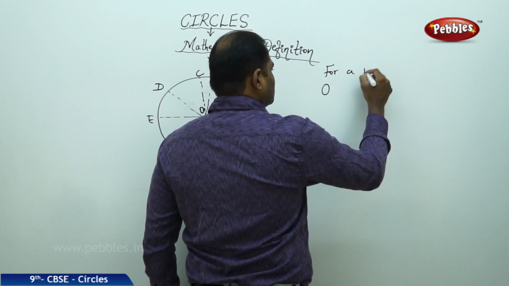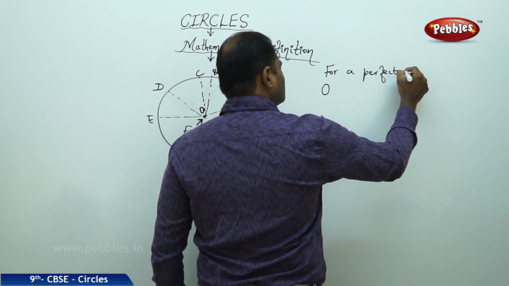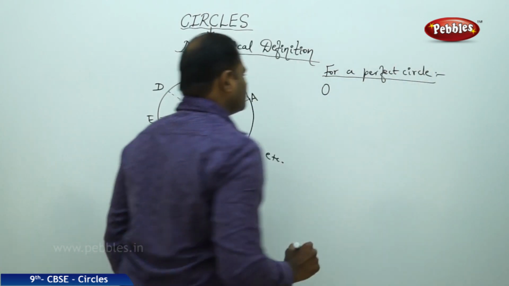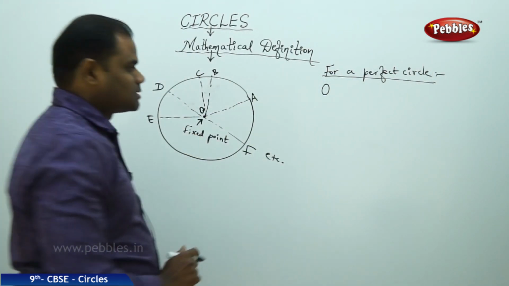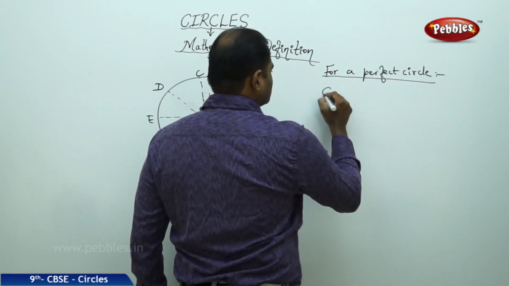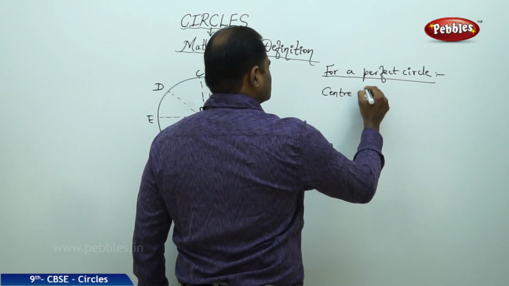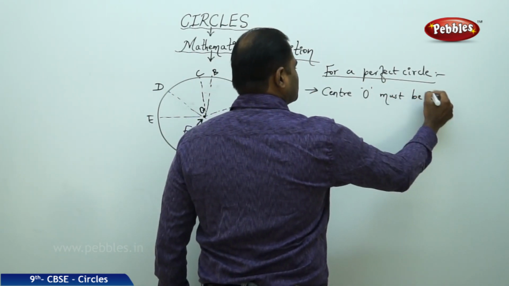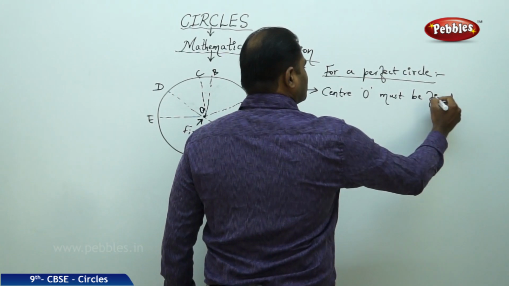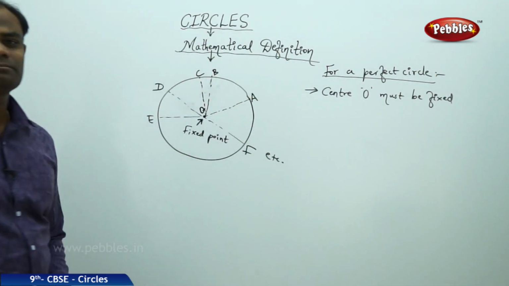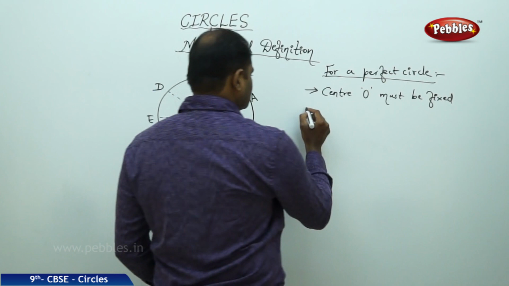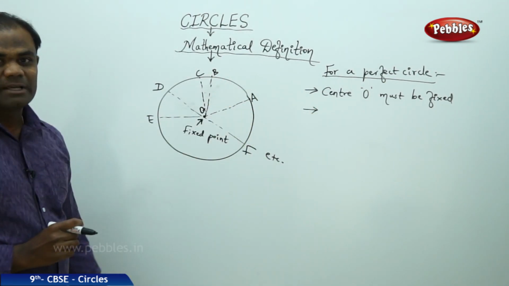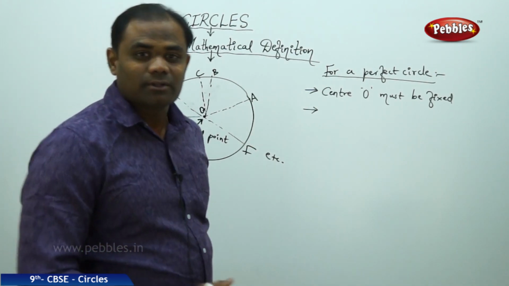For a perfect circle, the first point is that center O must be fixed. And secondly, the center must be at equal distances from any point on the circle.